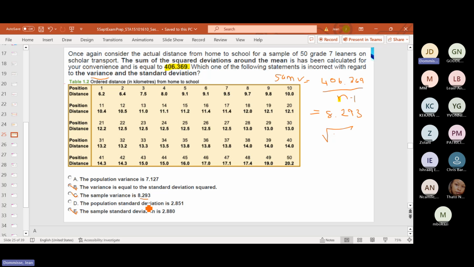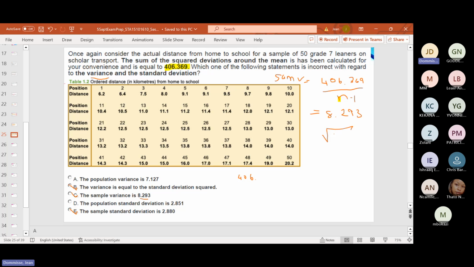So then we need to look at the population. So population variance and population standard deviation. If I look at the population variance, again, it would be that same number, 406.369, but this time divided by 50, because that is what the population calculation uses.